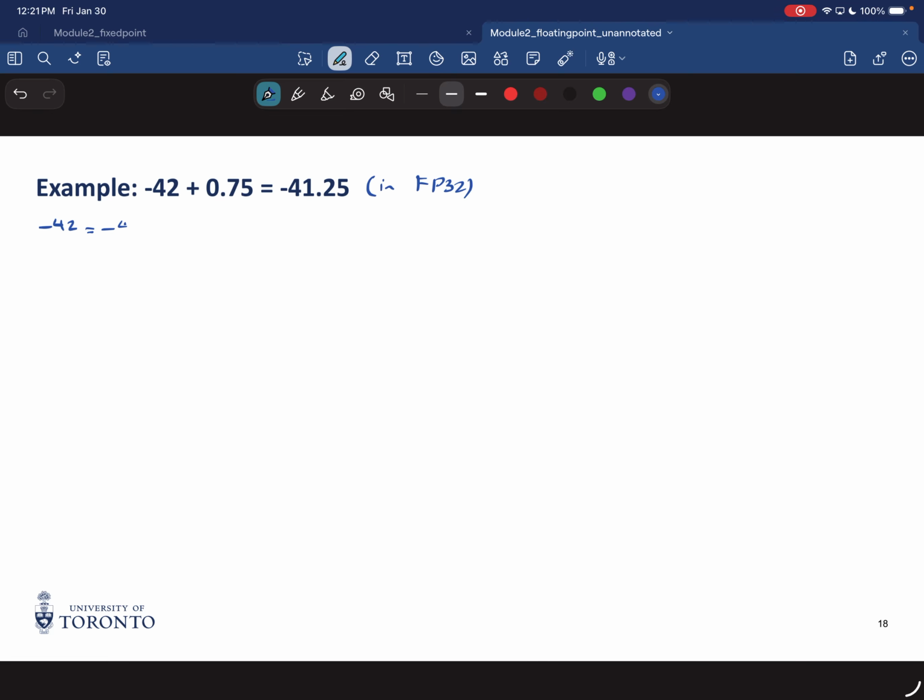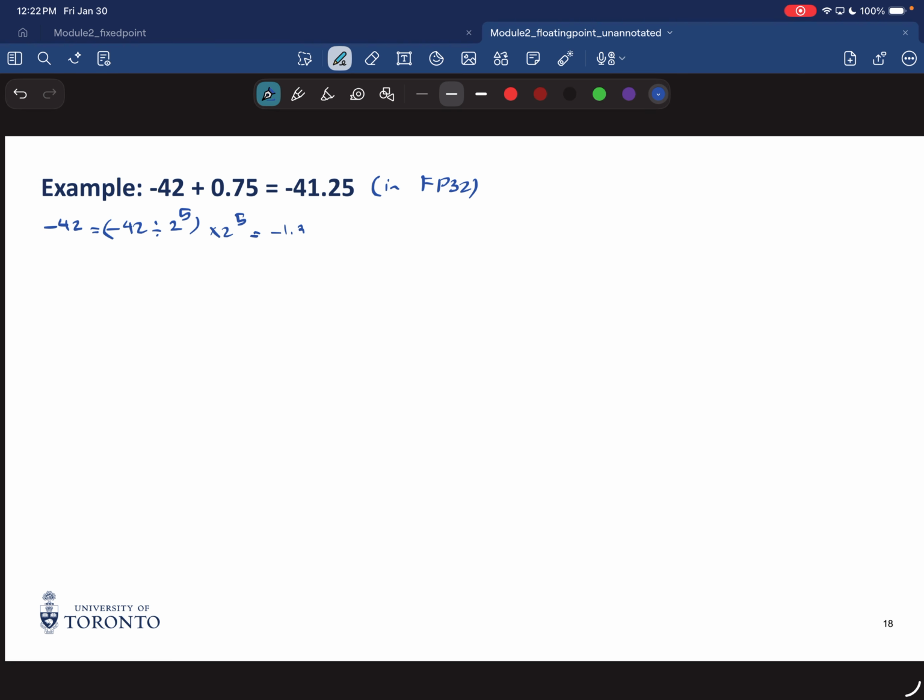Minus 42 over which number? 32, 2 to the power of 5, multiplied by 2 to the power of 5. And that is going to be minus 1.3125 times 2 to the power of 5. Perfect. So this means in FP32, this is going to be 1 for the sign bit.